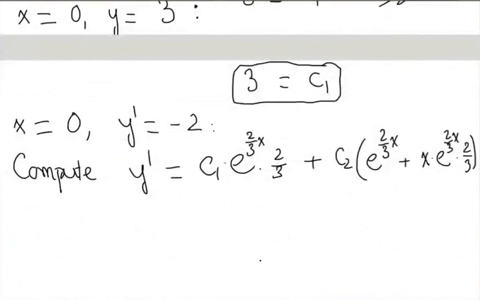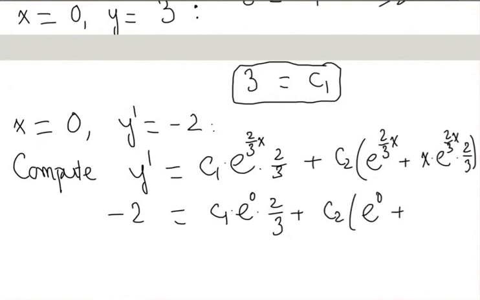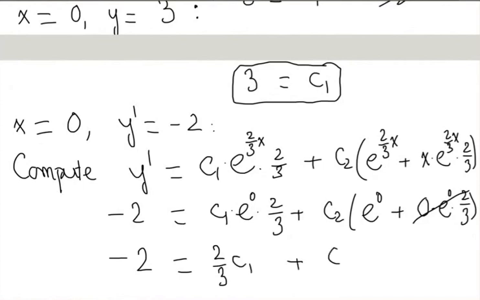Don't forget the product and the chain rule as well. So when we plug the values in, we have negative 2 equal to c1 e to the 0 times 2/3 plus c2 e to the 0 plus 0 e to the 0 times 2/3. And the second term is 0. We get negative 2 equals 2/3 c1 plus c2.